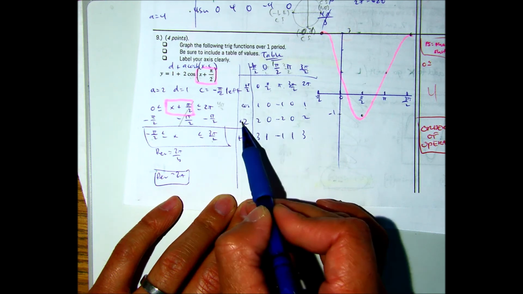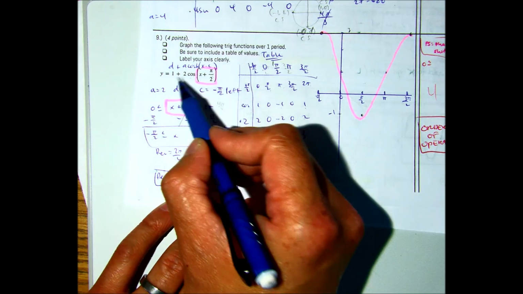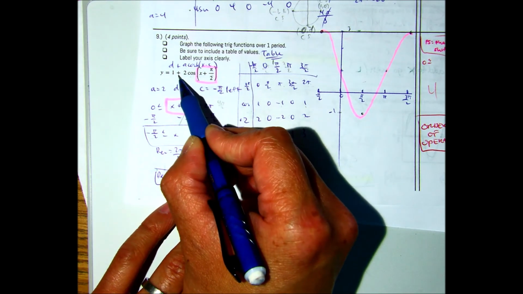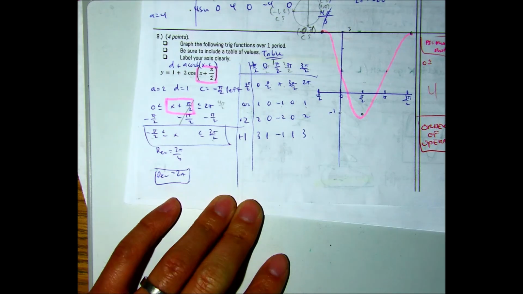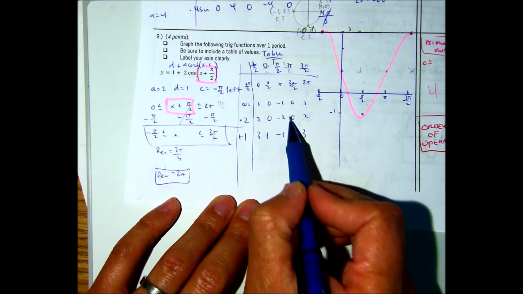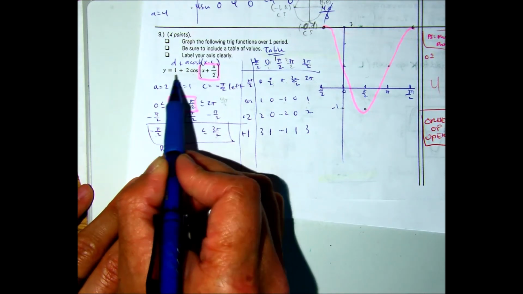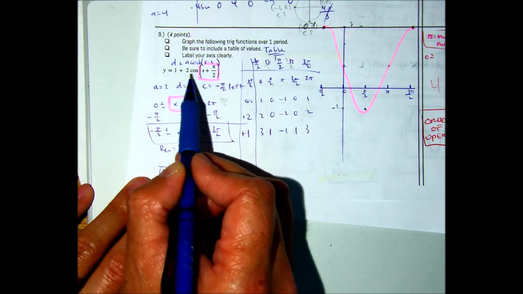Negative 2. 0. 2. And the last thing you're going to do, pay attention here, is add 1. That's the shifting up one of those. So just add 1. Some common mistakes: students switched those numbers. Some students added those numbers together, 1 plus 2, which would have been incorrect.